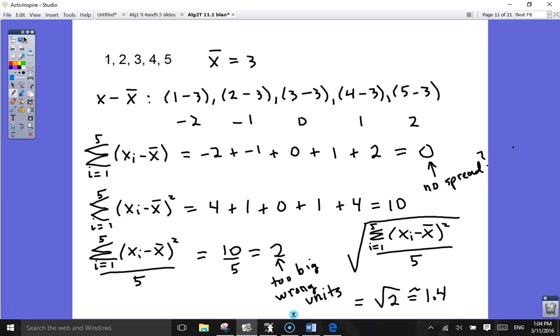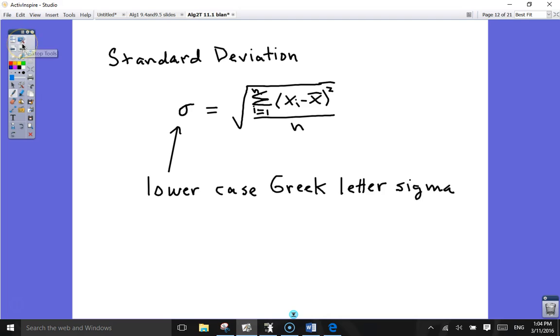So let's do one. First, here's the formula for standard deviation. I think on your formula sheet, you do not have it. The most significant thing to look at here is we use the lowercase Greek letter sigma to represent standard deviation.